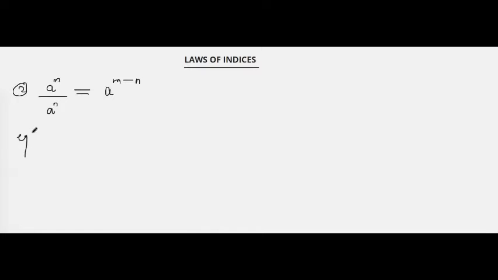This can be shown through an example again. Let me take 4 raised to the power of 3 over 4 raised to the power of 2. The bases are same, that is 4 in this case, and 3 minus 2. Because there is a division over here, I have to subtract the powers, giving me an answer of 4 to the power of 1. Or simply you can write it as 4.